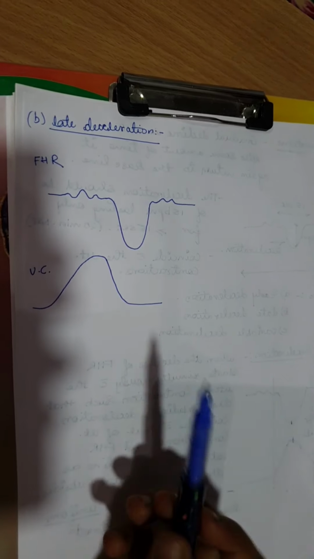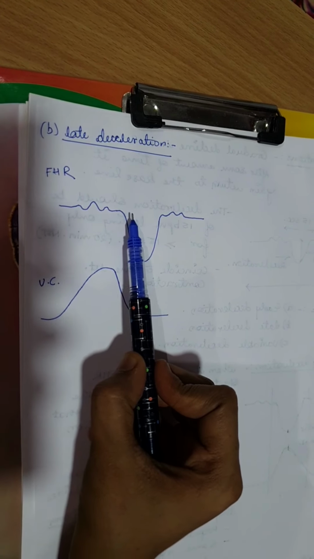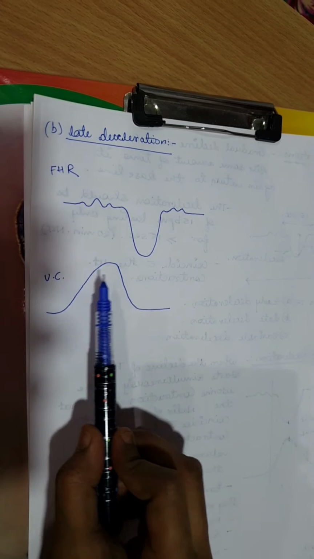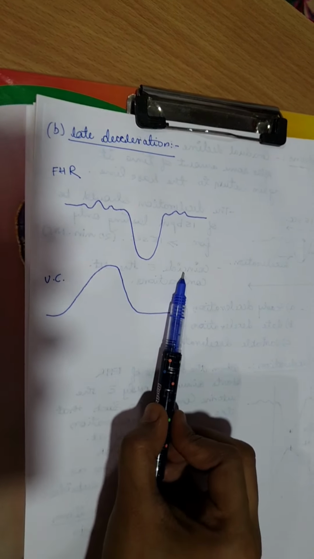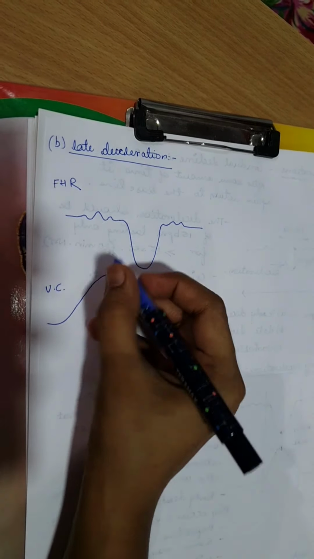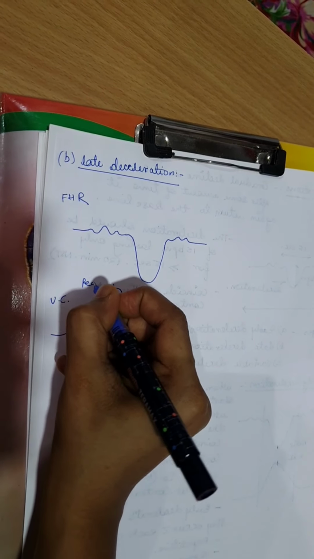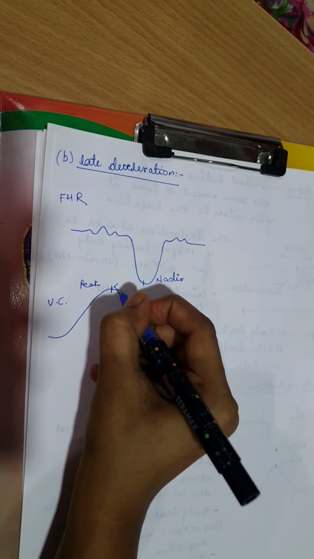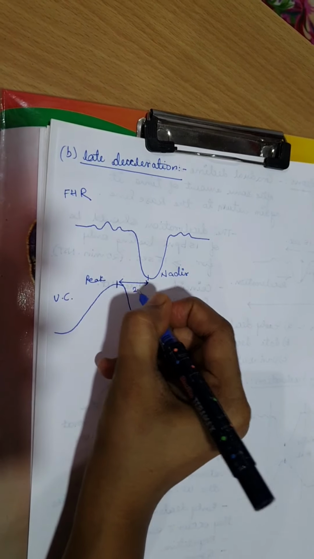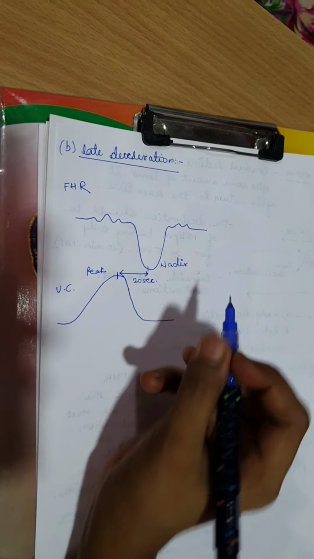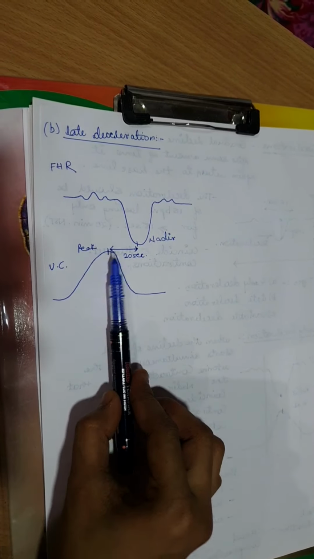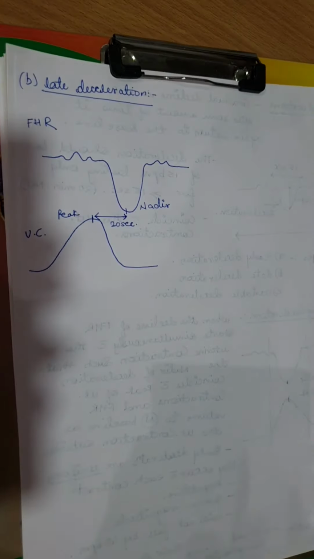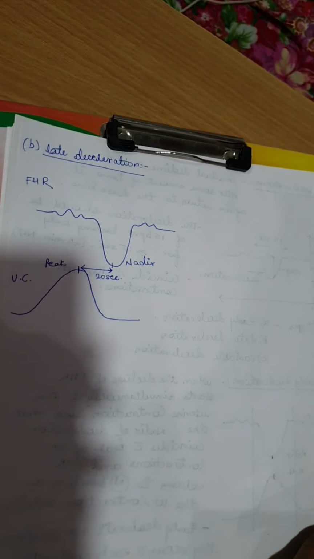The decline of the fetal heart rate occurs when the uterine contraction has already started, and the difference between the peak of the uterine contraction and the nadir of the deceleration should always show a lag of 20 seconds. So there should be a time lag of 20 seconds between the peak of the uterine contractions and the nadir of the deceleration. So how could you define the late deceleration?